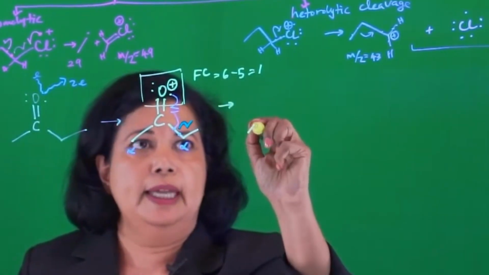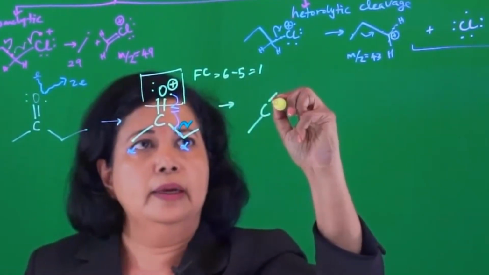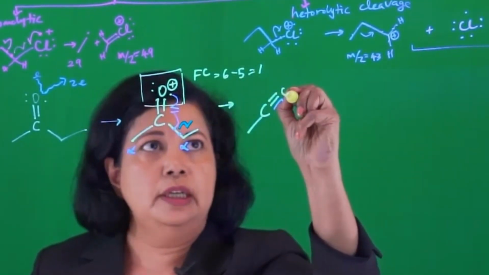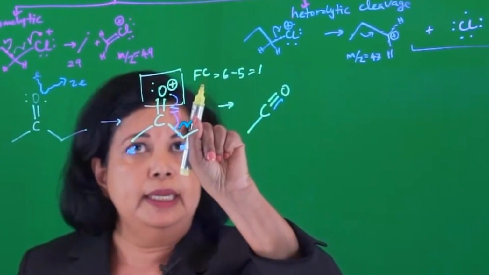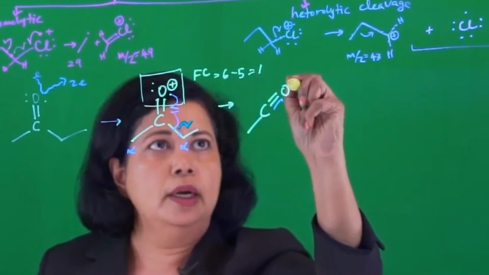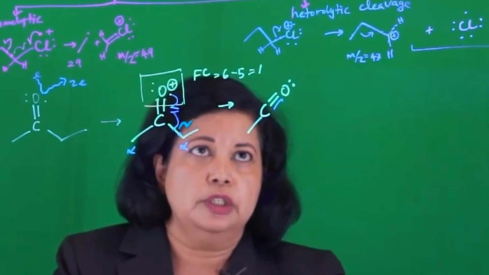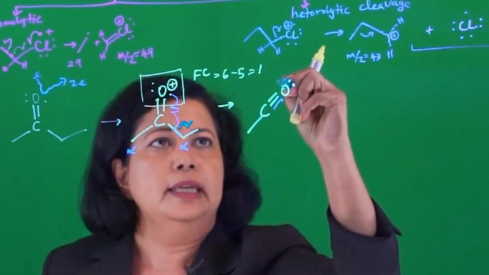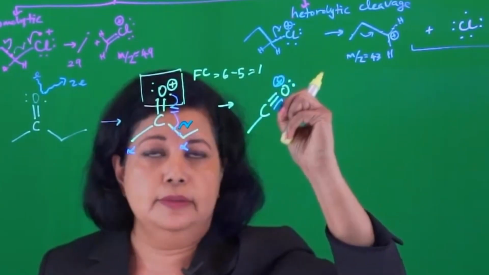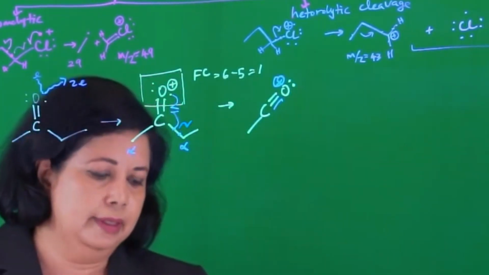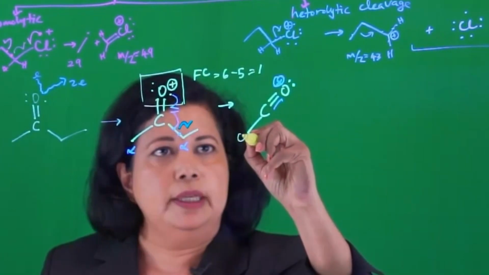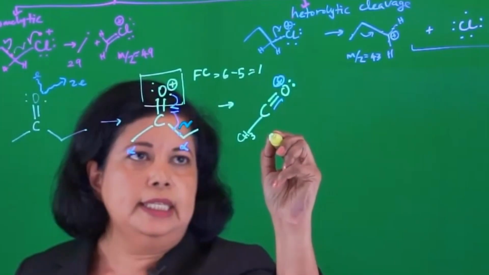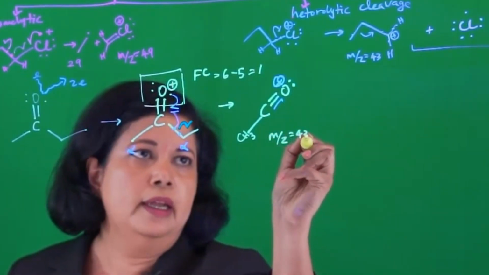So you will have a carbon, and now you are going to have a triple bond. You have this oxygen here, one of the remaining electrons taken up, so you only have one lone pair. If you do the formal charge for this, same story, 1, 2, 3, 4, 5, 6 minus 5 is a positive. It's a whole positive charge there on that molecule. So this is going to have an m over z of 43.